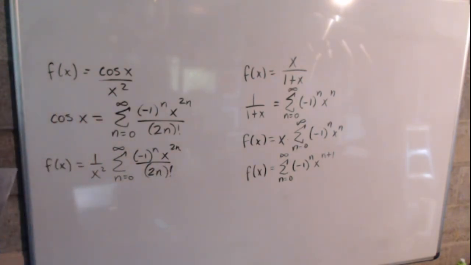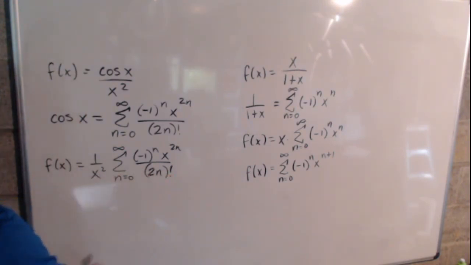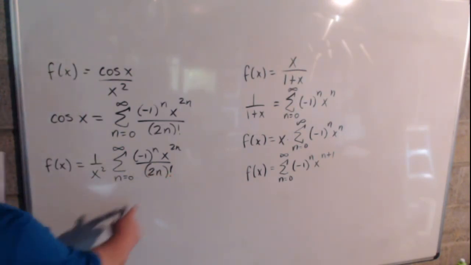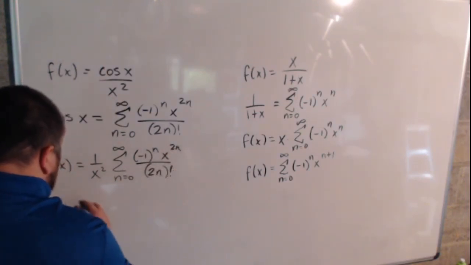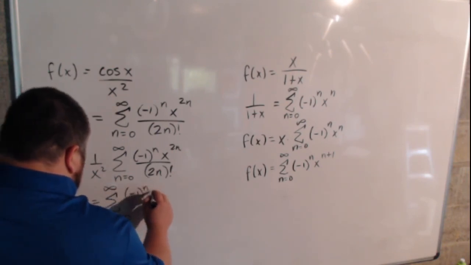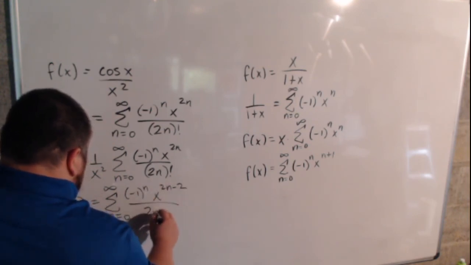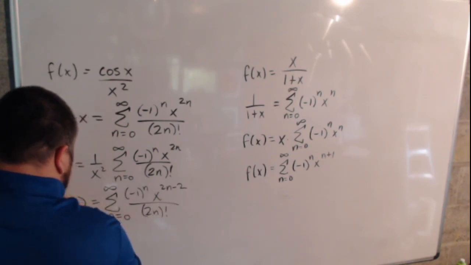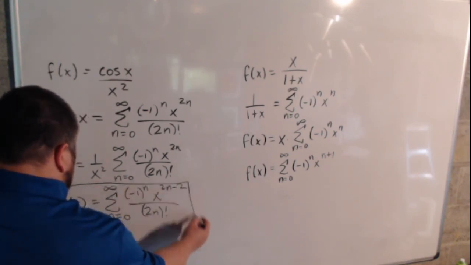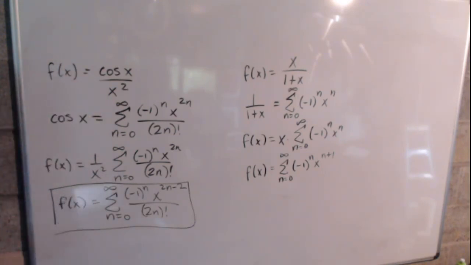And if I want to take this x squared in here, then I would just subtract it from that exponent. So that then would be the power series representation of cosine of x over x squared.